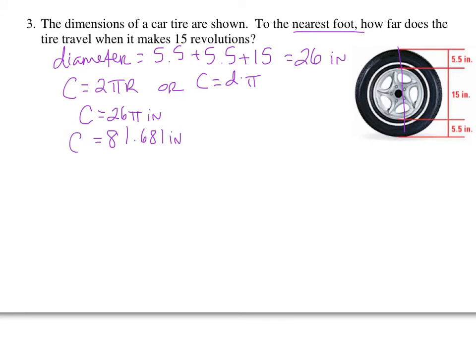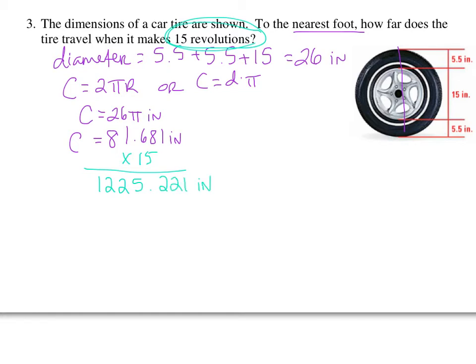So since this is in inches, we don't want to change to feet yet, but let's deal with our revolutions. So because we want to go 15 times around a circle, we need to multiply this by 15, and I get 1,225.221 inches.